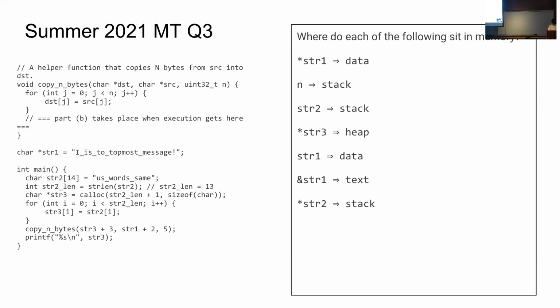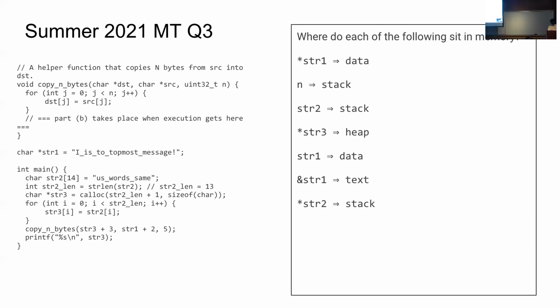For n, we look through the code and we see n is an argument inside the function copy n bytes. So in general, if it's in a function, then it's usually in the stack. For stir2, we can look inside the main function and we see stir2 is assigned using the array notation.